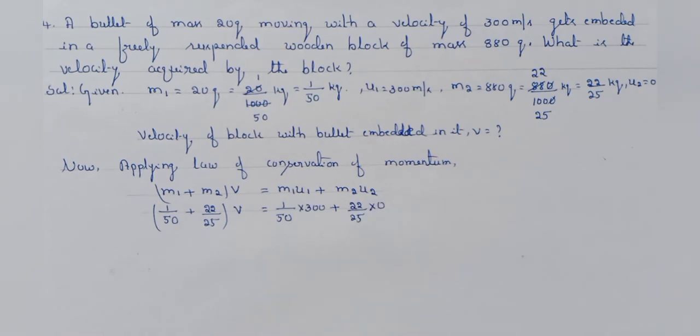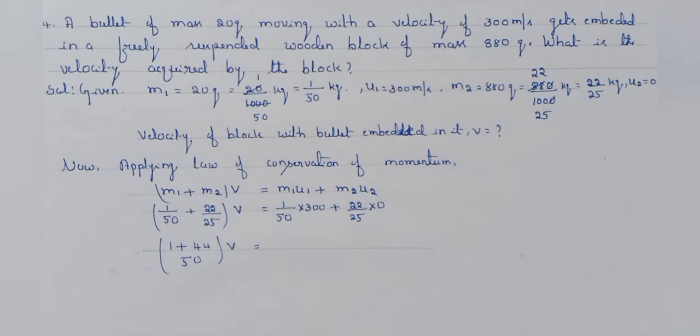Next, take the LCM for 50 and 25. The LCM is 50. Divide the LCM 50 by the denominator 50. It divides one time. So 1 into 1 is 1. Divide 50 by 25. It divides 2 times. So 2 into 22 is 44.